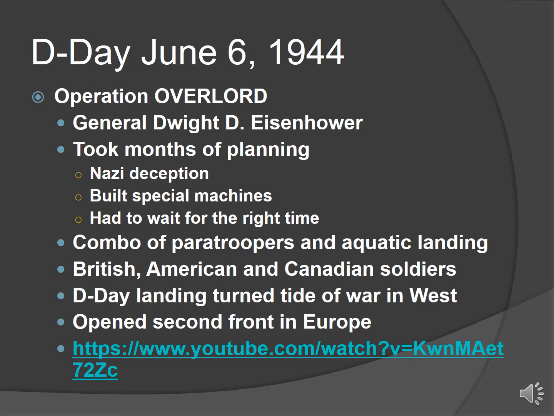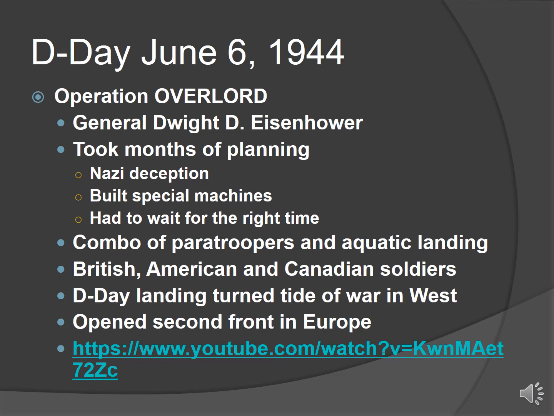So the way that it was carried out is there was a combination of paratroopers and the aquatic landing. So the paratroopers went first. The paratroopers left in the early morning hours, 2 a.m., and they were brought over France by gliders. And the gliders are planes without engines. They basically glide. And so they were totally silent, and then they dropped a bunch of paratroopers down into France.